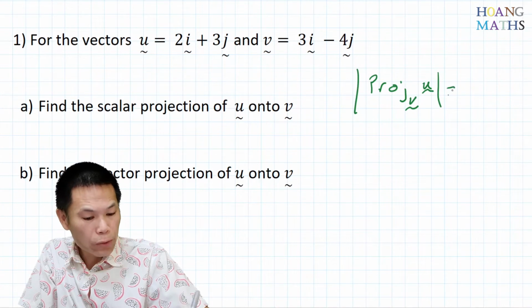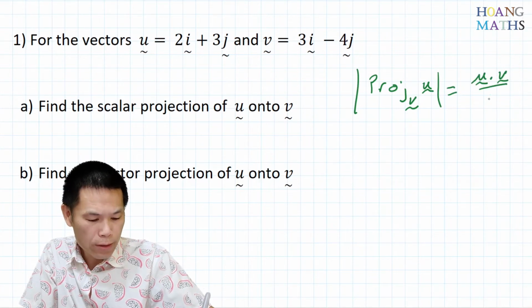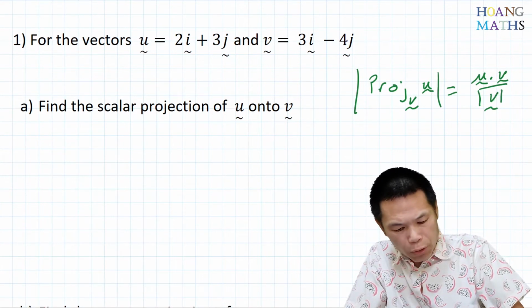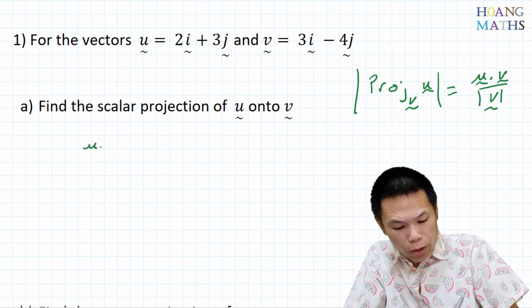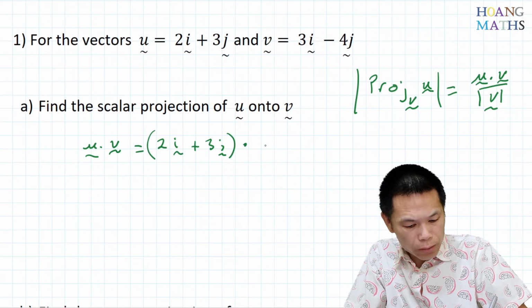And the magnitude is equal to u dot v over the magnitude of v. So therefore, for the scalar projection of u onto v, we write u dot v first. That gives me 2i plus 3j dot 3i minus 4j.